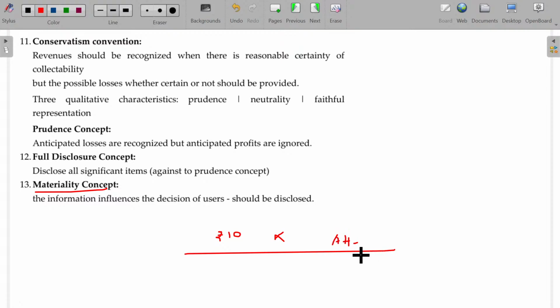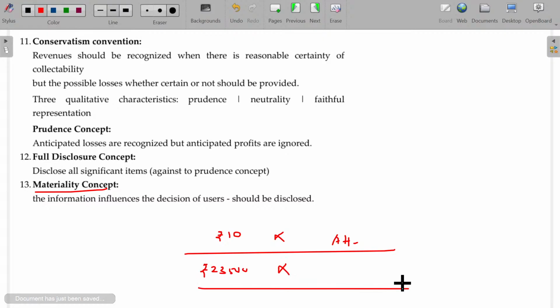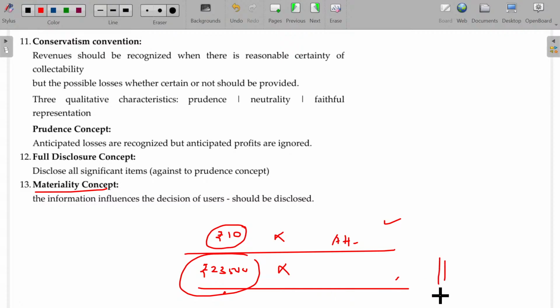The other way, you came with the registration fees of 23,500. You now missed that amount. Will you attend my class or will you cut my class? So this 10 rupees is not a matter, but this is a matter. If the number seems to be insignificant, it will not have much effect on decision making. You can simply ignore that. But this is very, very important. It should definitely be disclosed.